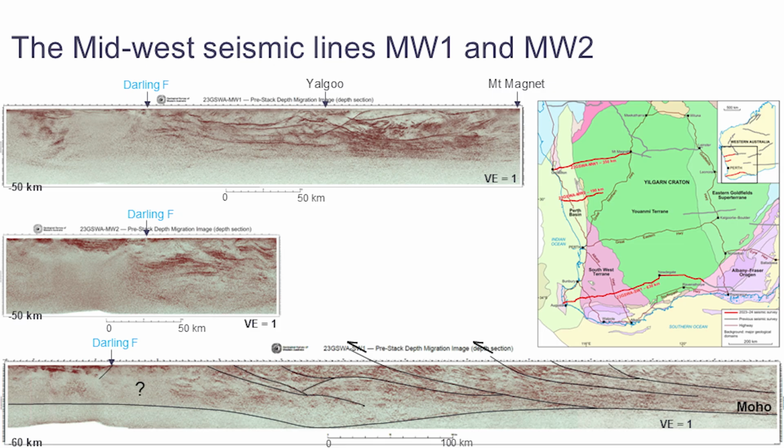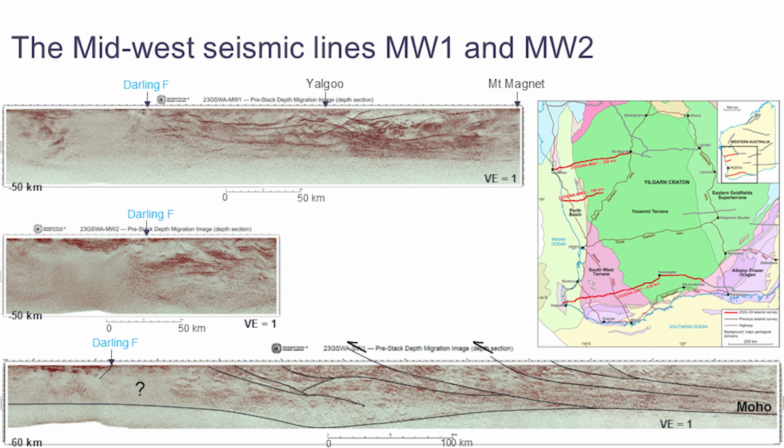And from the mapping, we know that here this is Yilgarn, and to the west of it there's the Yilgarn Dome, and west of the Yilgarn Dome we see also evidence for other dome structures.